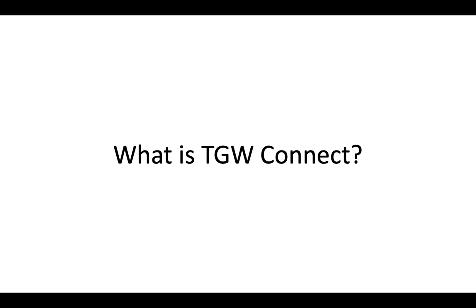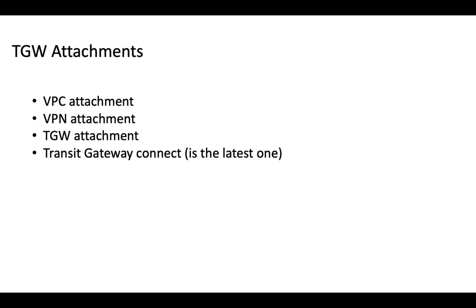Before we talk about the TGW Connect attachment, I want to quickly summarize the different attachments available on TGW and what the use cases are. First of all, there's a VPC attachment. As the name says, users can use it to attach their VPCs to the transit gateway and transit traffic through it into the VPC.